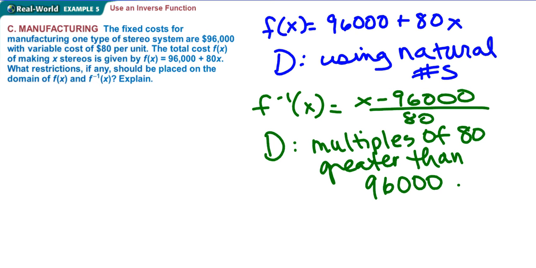And then for the next one, we want to think about what's the better rule to use. This is kind of a terminal question. Letter D: will it be better to use f of x or f inverse of x? And then we'll have to figure it out.